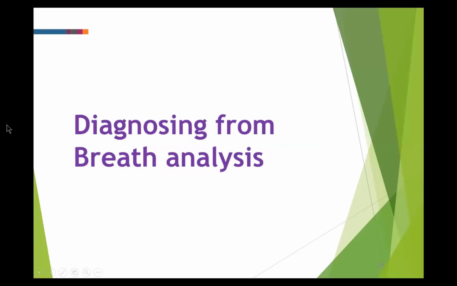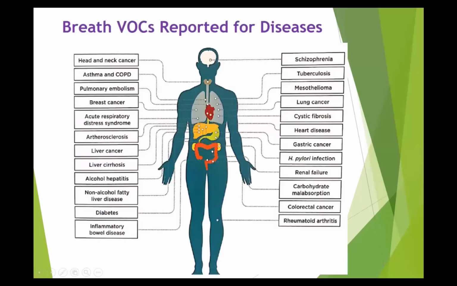Now, the reason for the excitement about breath is that there are a lot of diseases that have been reported giving you elevated VOCs on the breath. So imagine if you've got neck cancer inside the neck, then the cancer will be producing gases, and that will show up in your lungs. If you have asthma, which is a lung disease, or a chronic pulmonary disease, it affects your VOCs in your lungs.